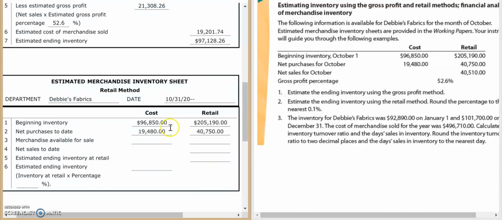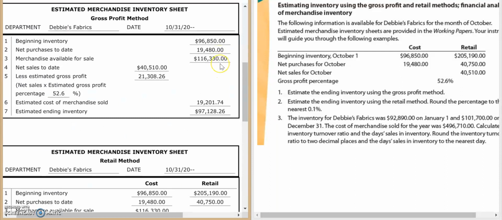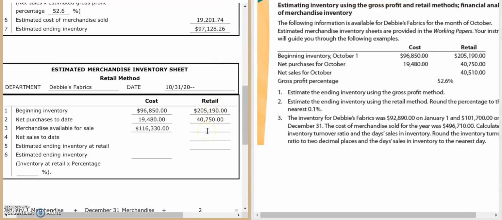So that means that our merchandise available for sale is going to be the $96,850 plus $19,480. That gives us that $116,330 that we used in our gross profit right up here. However, at retail, we take the $205,190 and add the $40,750, and we go up to $245,940.